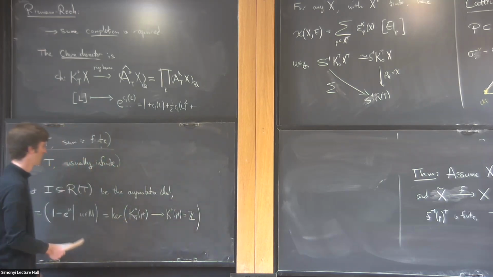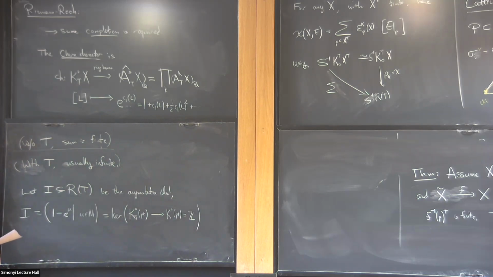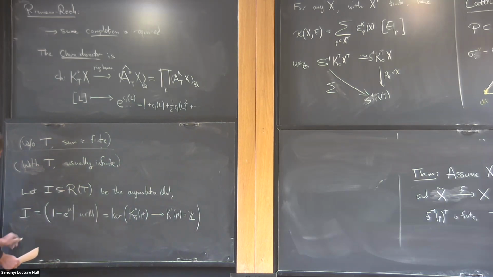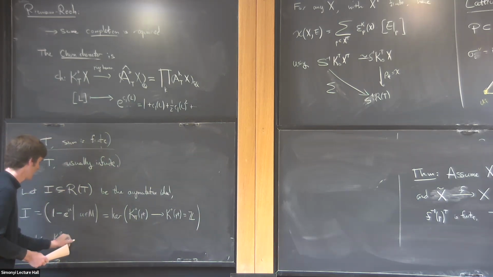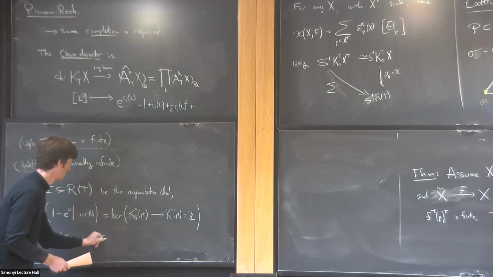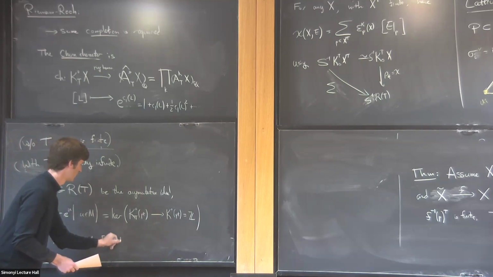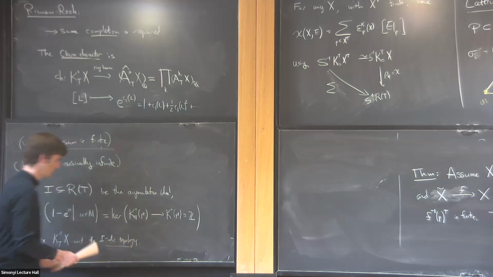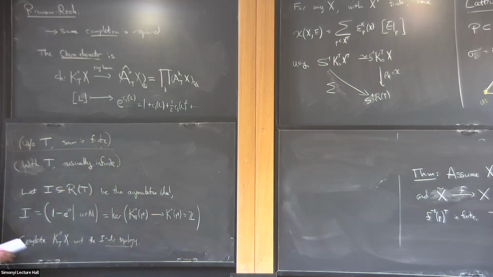This is R(T). And so we're going to complete K_T(X) with respect to the I-adic topology. So when I write down completions, that's what I mean.